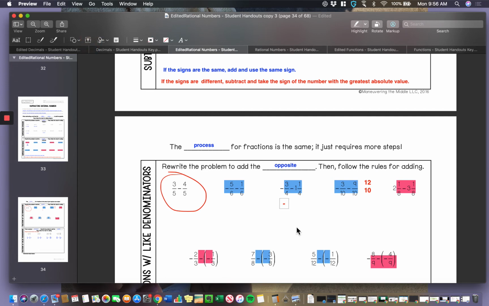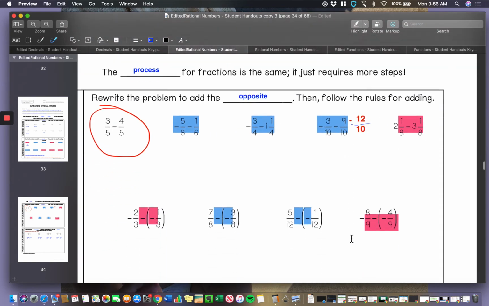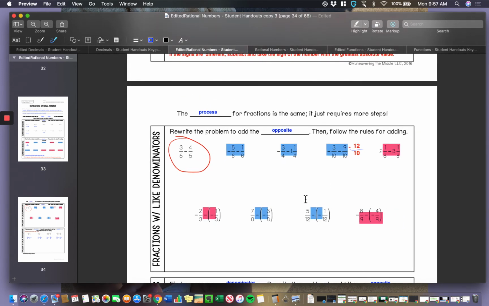So I'm going to keep it to be negative. For the sake of time, I'm not doing a fraction symbol. I'll just write it in. A little fraction symbol for you there. All right, I added those numbers together because they had the same sign, and I just keep the sign that's there. All right, that's for your blue ones right there.